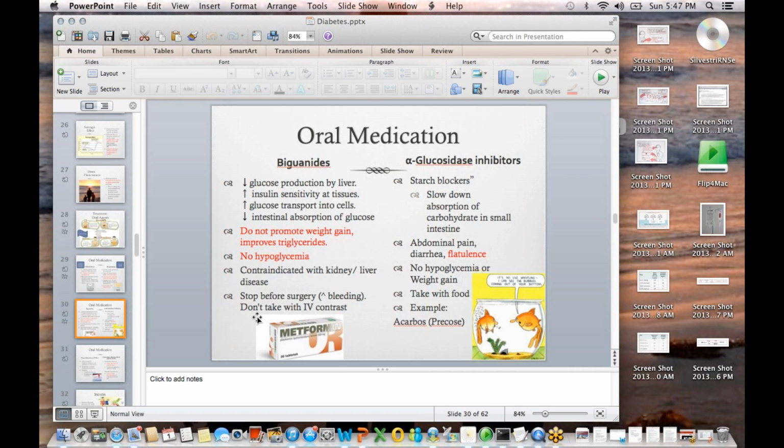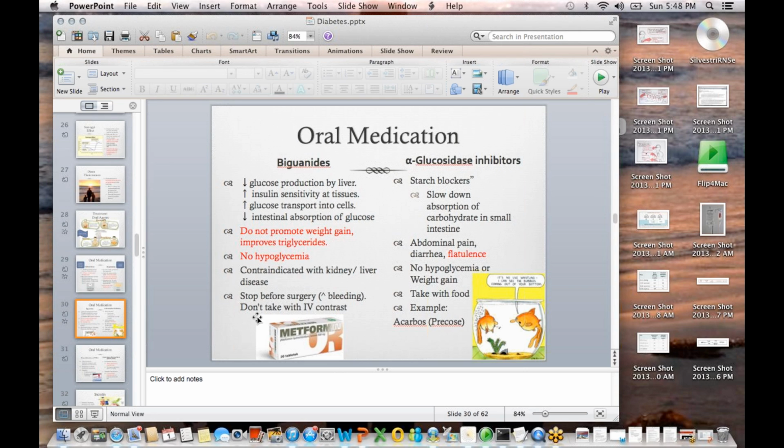And then please remember, it's been multiple times that we've discussed metformin. So that's one of your biguanides, and we talked about taking it with IV contrast and regulating your kidney function, making sure they have good kidney function. Your alpha glucosidase inhibitors are starch blockers, so that usually works in the intestines.